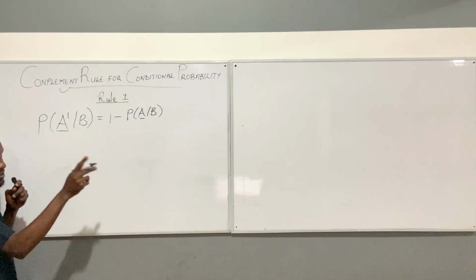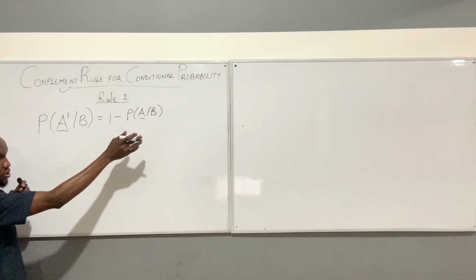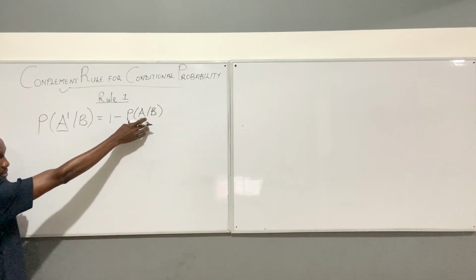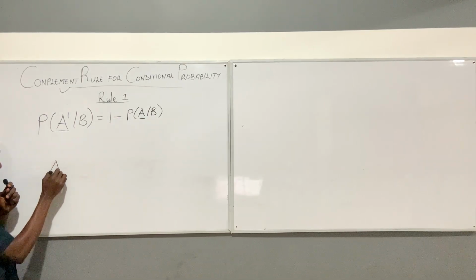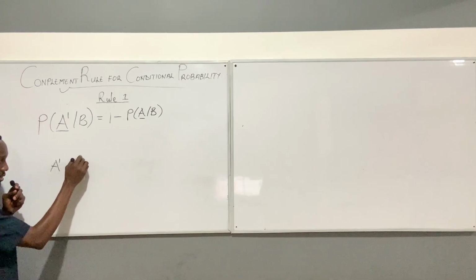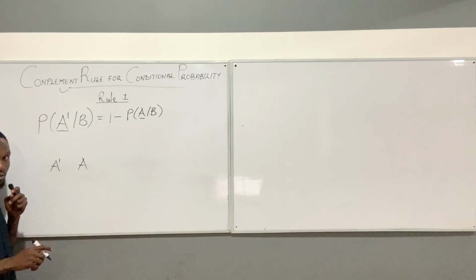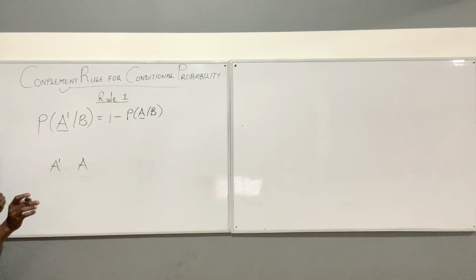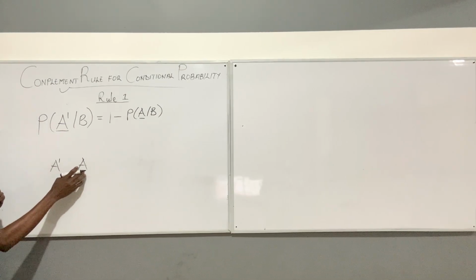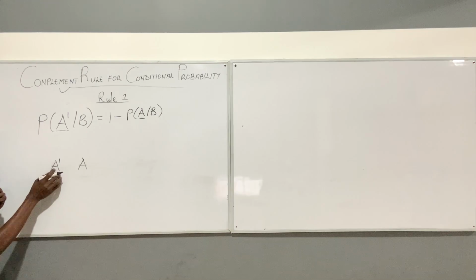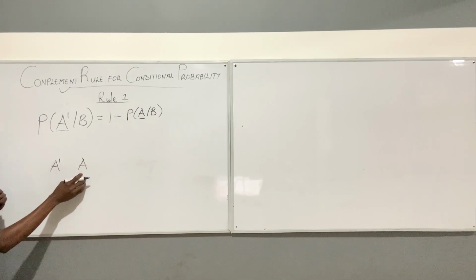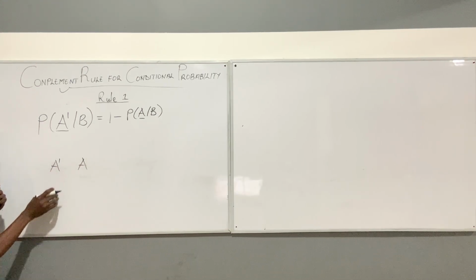The reason why we are saying that the shortcut method is 1 minus this is because the event A complement and A are two complementary events. They do not occur at the same time. So we say that they are what? Mutually exclusive. If this one happens, this cannot occur. If this occurs, this cannot occur.